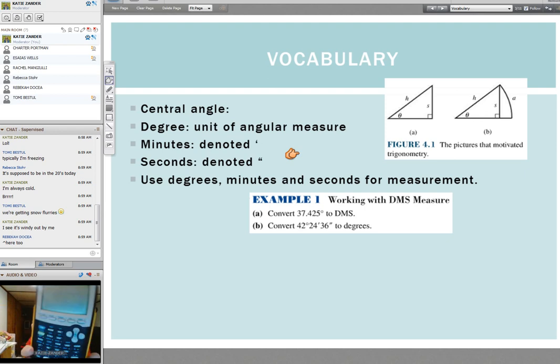Your calculator is actually set up to work in radians right now. If you hit the mode button, which is right next to the second feature, you're going to notice that on the third line down, you have radian selected already.